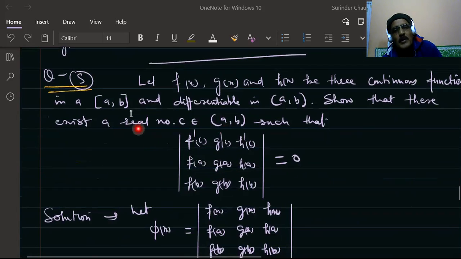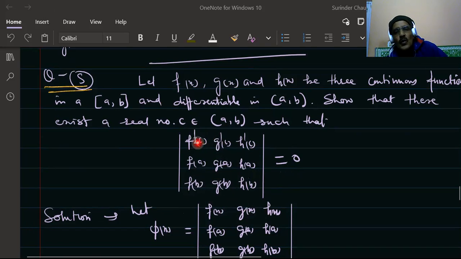The next problem is: let f(x), g(x) and h(x) be three continuous functions in the closed interval [a, b] and differentiable in the open interval (a, b). Show that there exists a point c belonging to the open interval (a, b) such that the determinant with rows f'(c), g'(c), h'(c); f(a), g(a), h(a); f(b), g(b), h(b) is equal to 0.